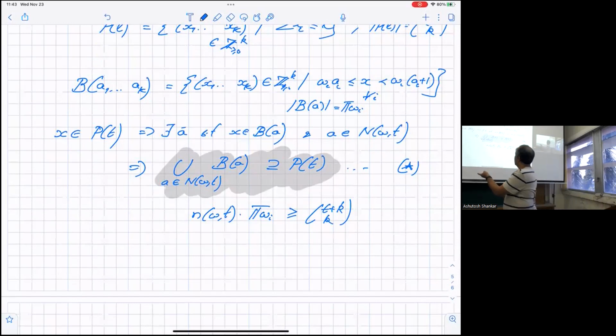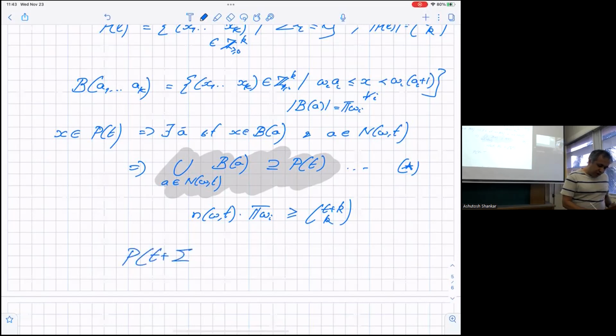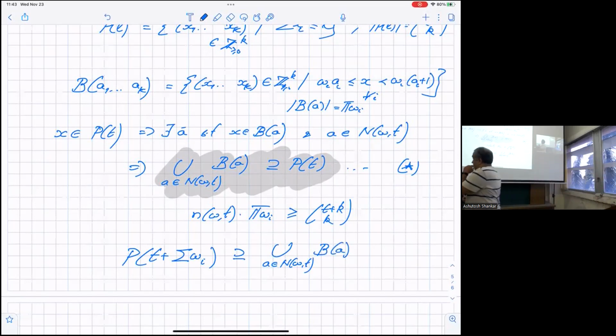Exactly the same picture. Take all the boxes of this type, take their rightmost point. I want to say the same thing on top: T plus summation w_i is contained in the union over a belonging to P_T.